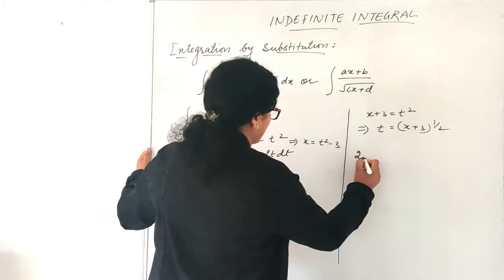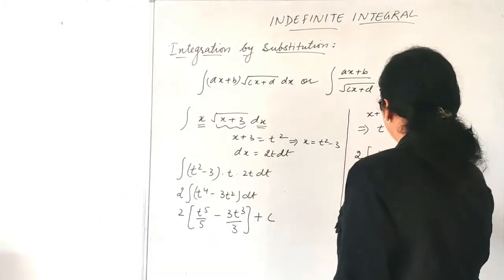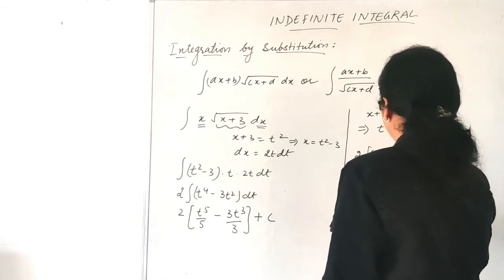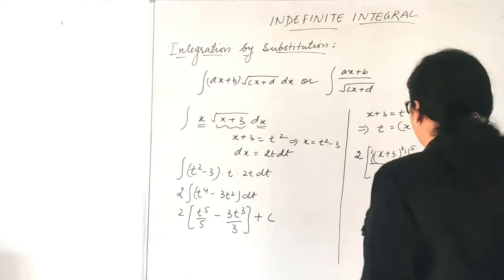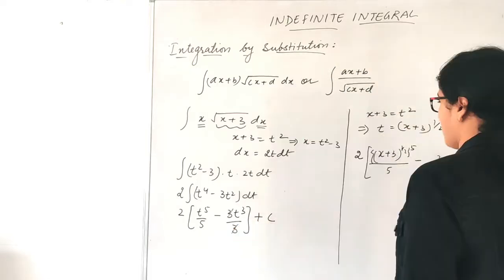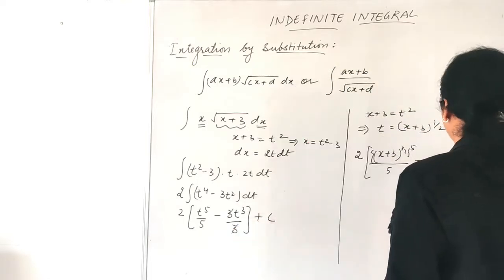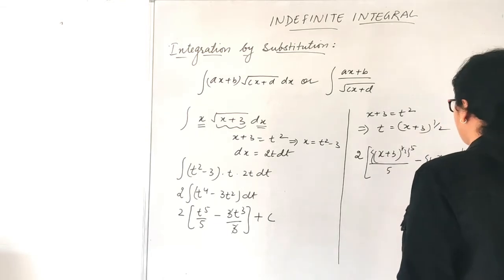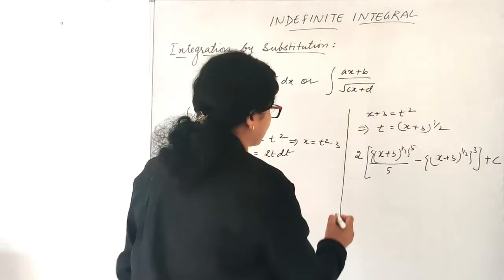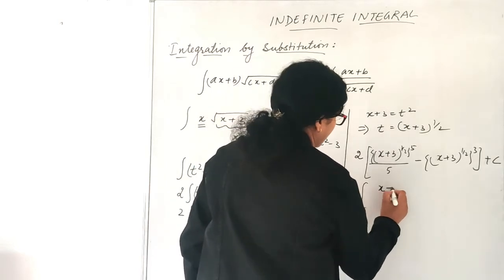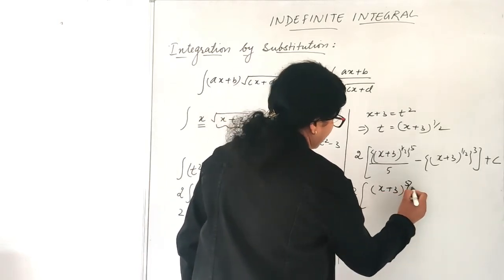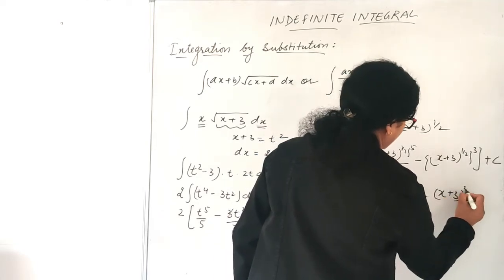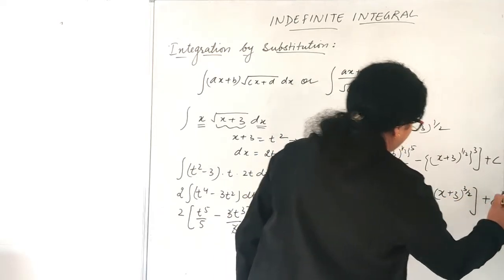It will become 2 times x plus 3 to the power 5 by 2 upon 5 minus, you can cancel out this 3, x plus 3 to the power 3 by 2, and you have 3 outside, plus c. Now you can take 5 inside, so the refined answer will become x plus 3 to the power 5 by 2 upon 5 minus x plus 3 to the power 3 by 2 plus c. Is it clear?